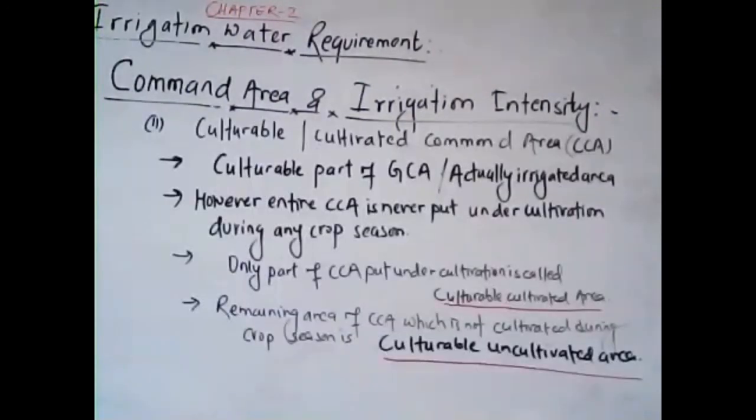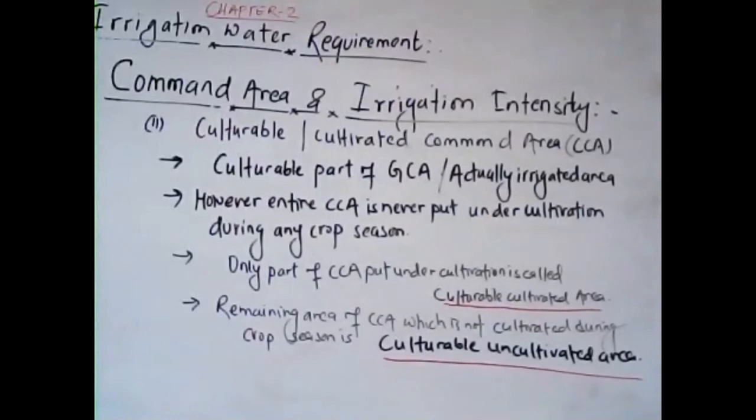Now the second type of command area is the cultivable or cultivated command area, known as CCA. It is the part of the gross command area that is actually irrigated within the GCA. However, the entire cultivable command area is never put under cultivation.